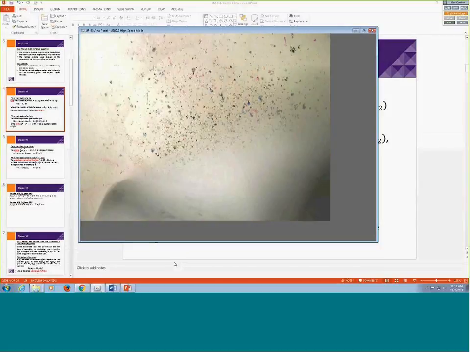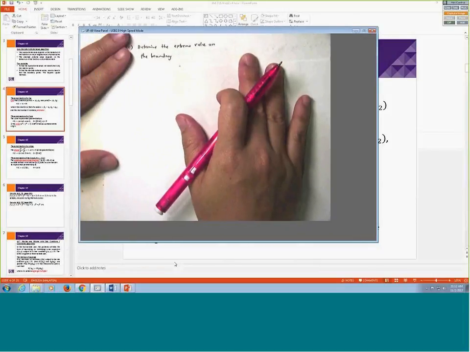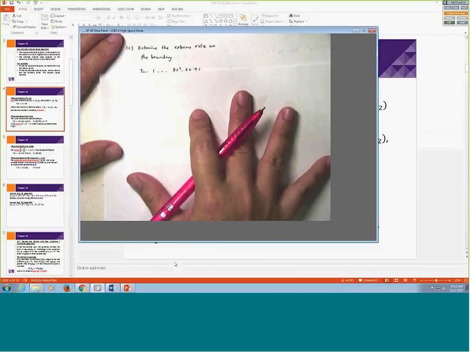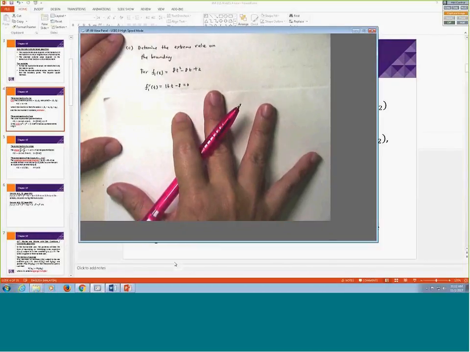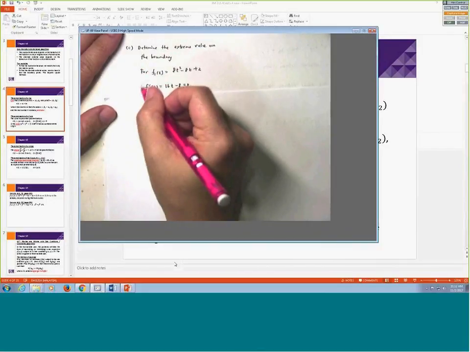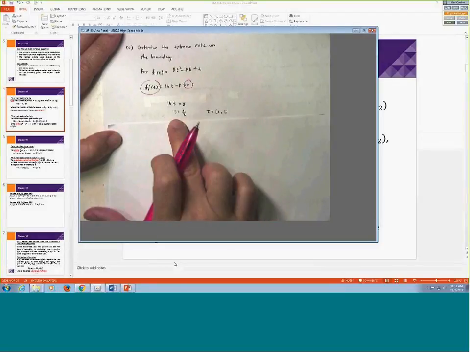To find the maximum or minimum, go back to JIM 101. How do you find the local extreme value? We find the critical point by setting f prime equal to 0. The value that satisfies this is the critical point.